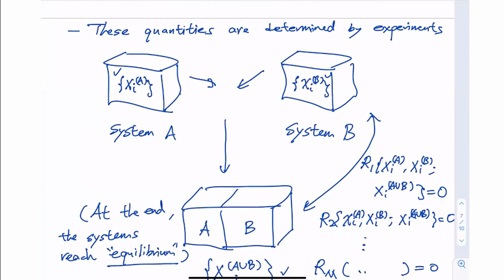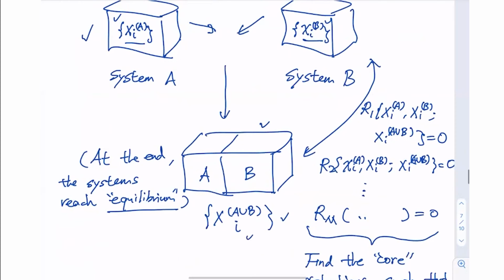We start from some system A. According to the fundamental hypothesis, system A can be described by a set of extensive variables, basically x_i^A, and system B can be described by x_i^B. Then the fundamental question of thermodynamics is, when they interact with each other in some way, the easiest way being that we just put them together, then at the long time equilibrium situation, what will be the outcome, or how do we describe our final system using the new set of extensive variables.